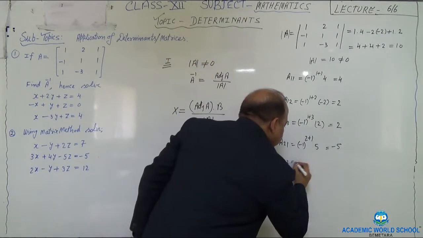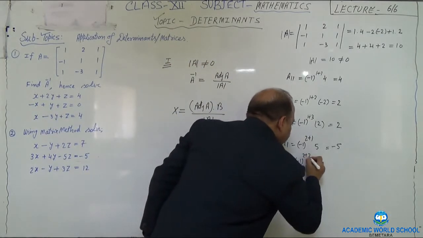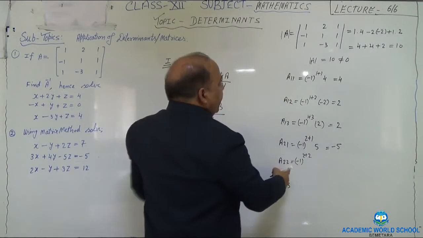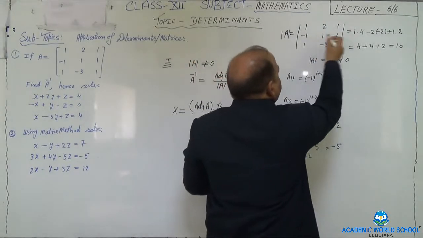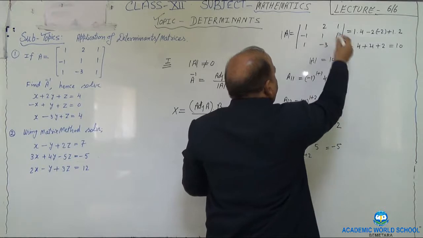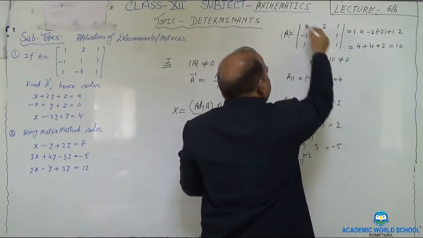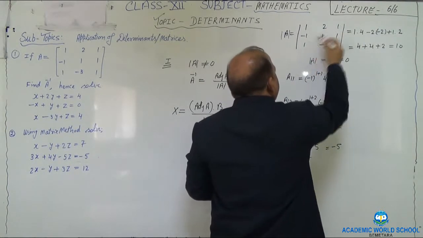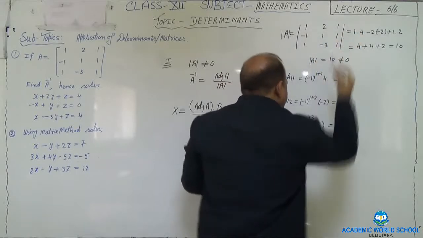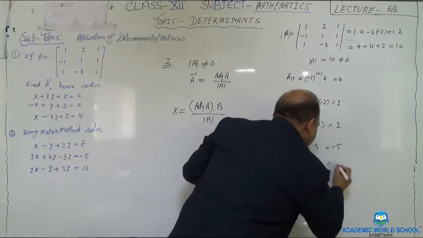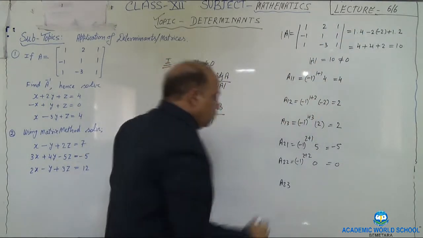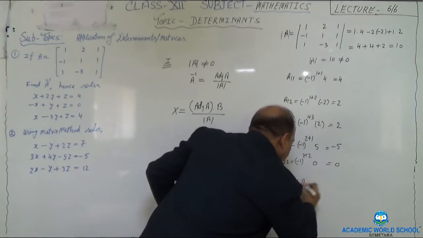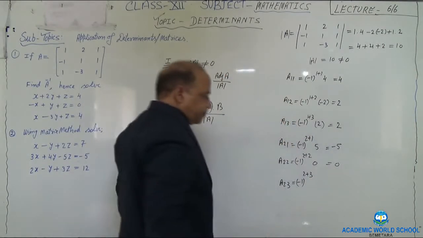A22, this is minus 1 to the power 2 plus 2, and then where is A22? This is A22. Leave this part, leave this part. If I leave this thing, 1 and then minus 1, you can see that 1 minus 1 becomes 0, therefore it is equal to 0. What is A23? Minus 1 to the power 2 plus 3.